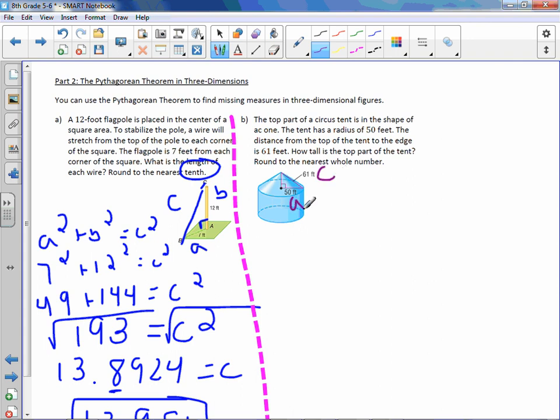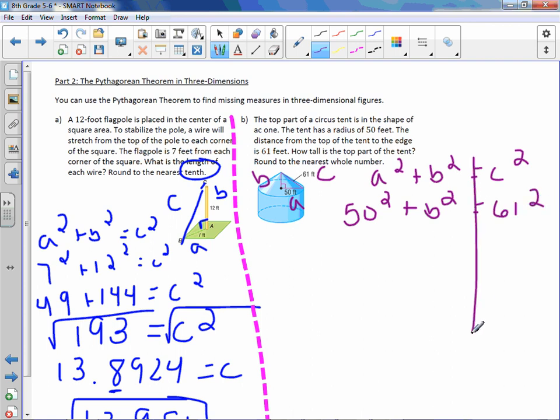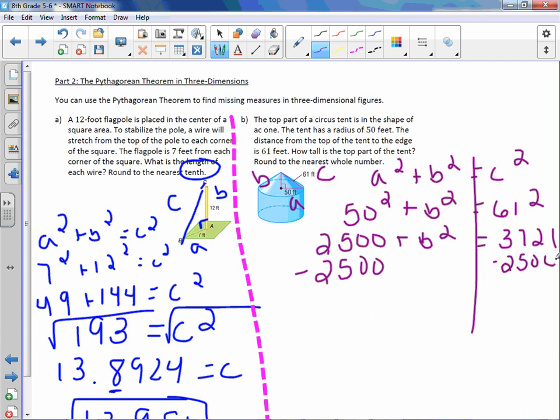This would be C, A, and B. Minus 2,500. $1,221.